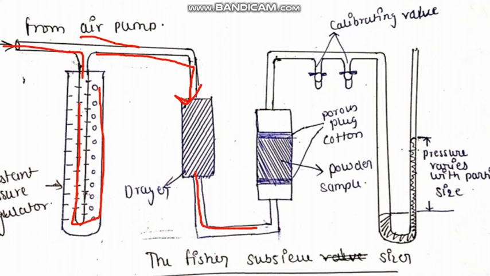Then this dryer is attached to a sample powder. Here the sample is placed, and at the top and at the bottom of the sample, porous plug cotton is attached to restrict the movement of the sample. Then this powder sample tube is connected to a calibrated valve and then to a manometer.